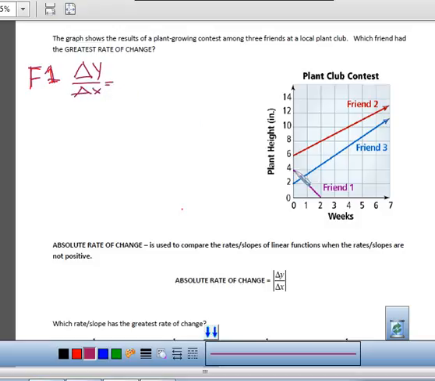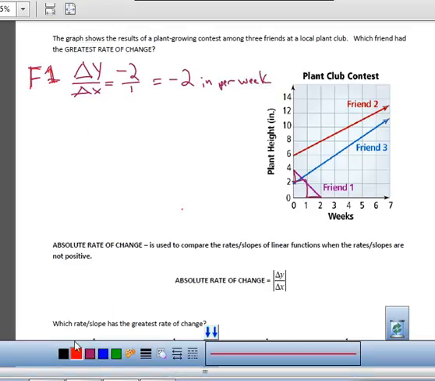So the rate is decreasing 2 inches every 1 week, down 2 over 1. So that's minus 2 over 1, or just negative 2. And if we're thinking of it as a rate, it's negative 2 inches per week.